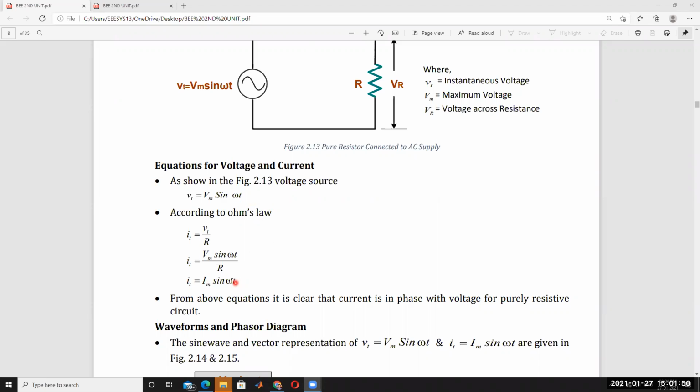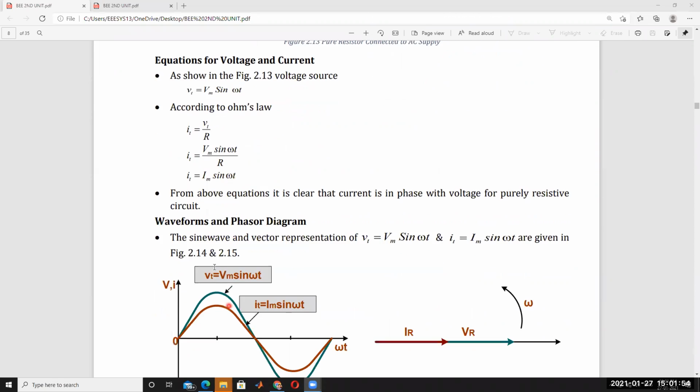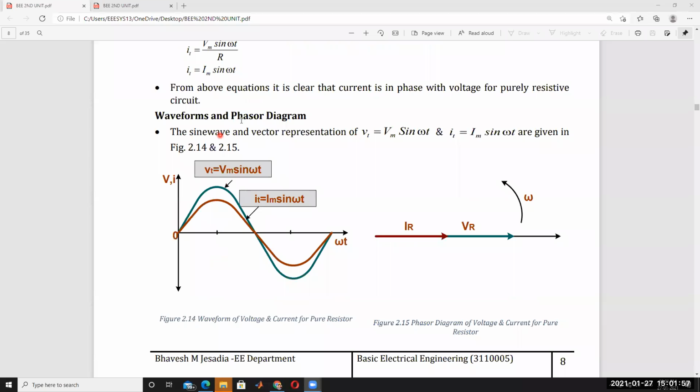The only difference is in magnitude: the voltage magnitude is larger compared to the current. Like this, the waveform and phasor diagrams make it easy to understand. Sine wave and vector representation: v of t is equal to Vm sin omega t and i of t is equal to Im sin omega t.